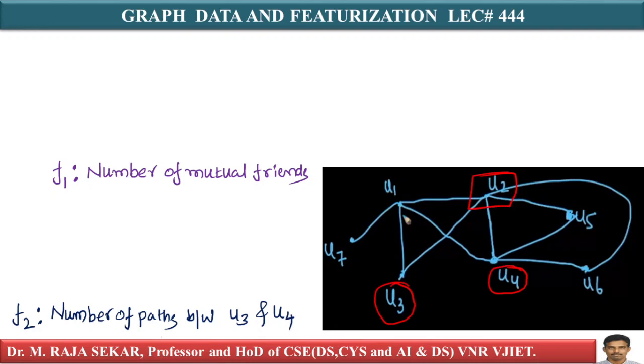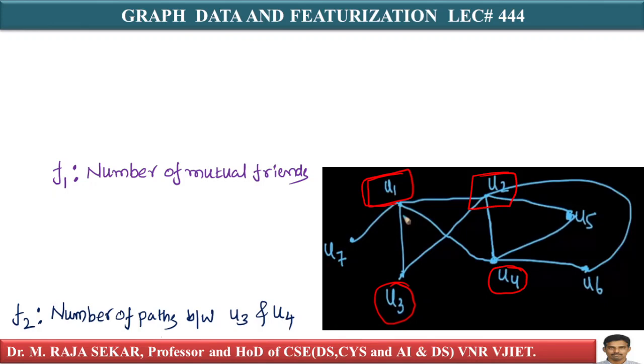This is one path. I can reach it via U1 also. A path is basically a sequence of edges. So the more paths, the better. I can go from U4 to U3 with a path of length 2. Let's assume the length of each edge is 1.